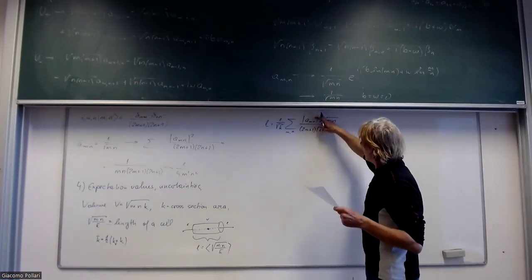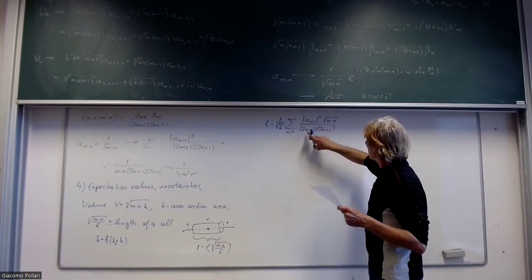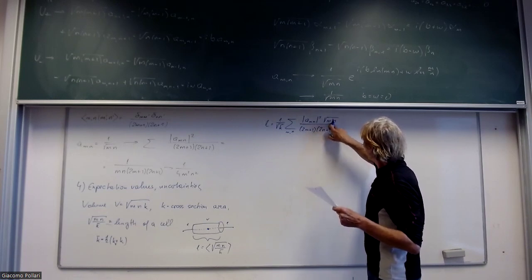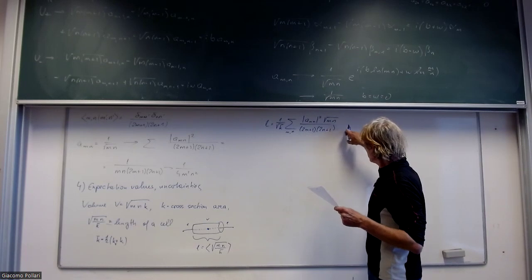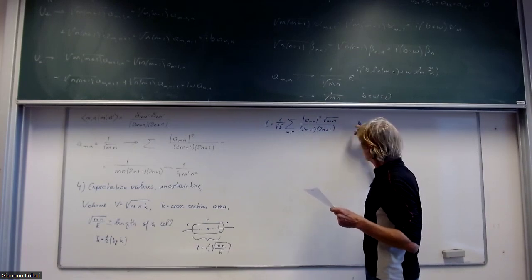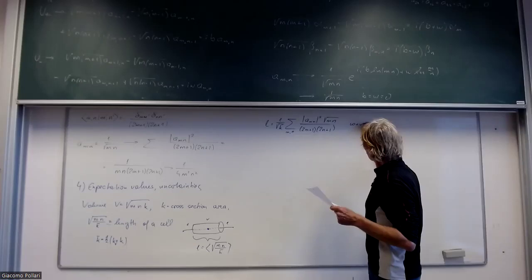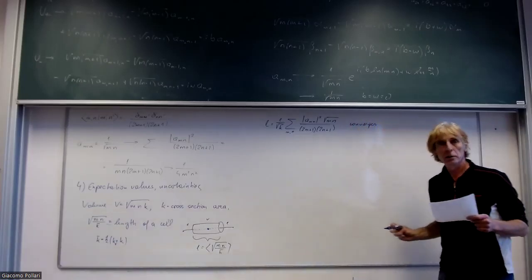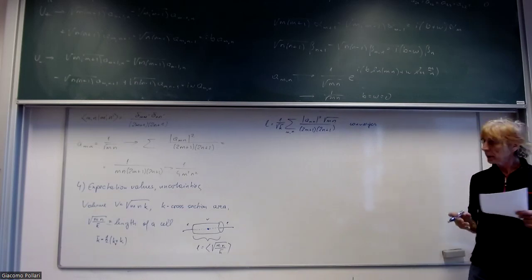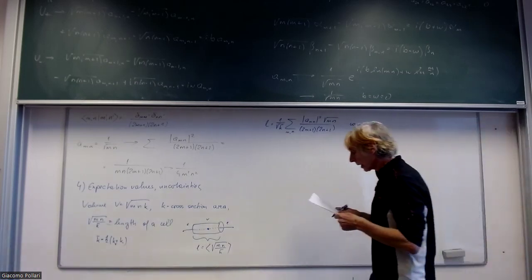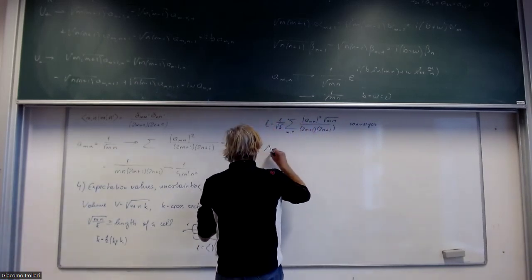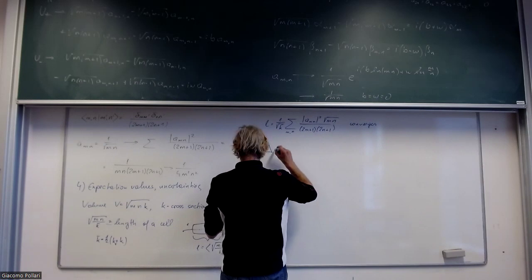This goes like 1 over n, this too, so we have 1 over n squared, and the square root gives 1 over n to the 3 halves, which converges. So the physical expectation value is finite.